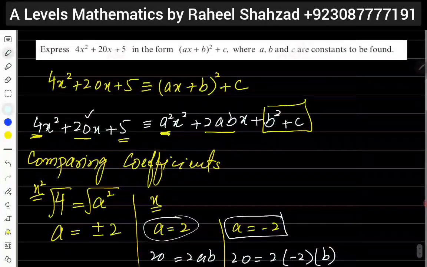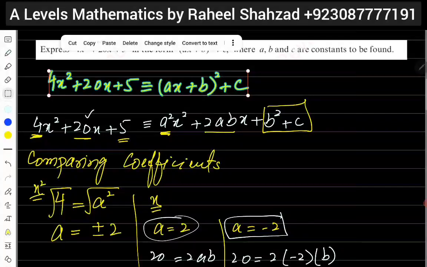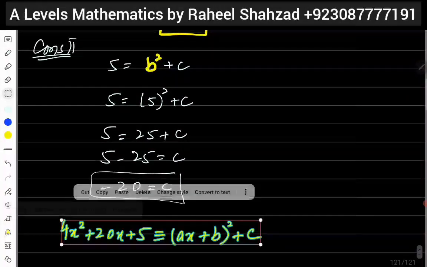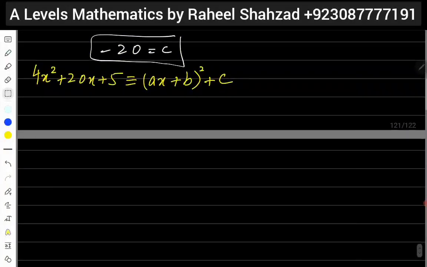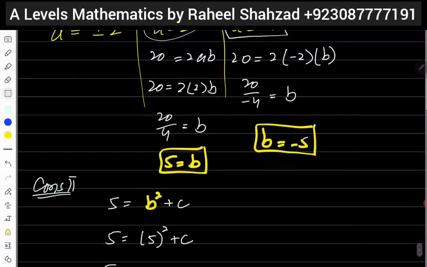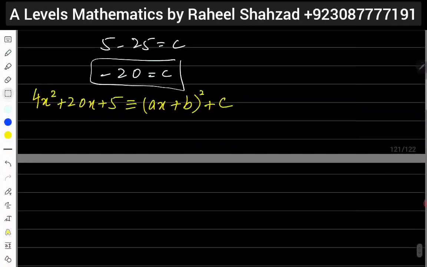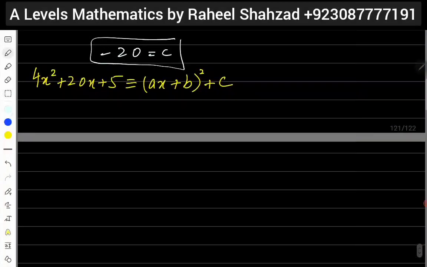So we need to express this thing here. So when we have a as 2, b is 5, and a is minus 2, b is minus 5, and c is minus 20. So we put 2 and 5 first.